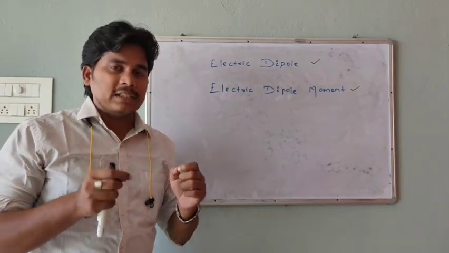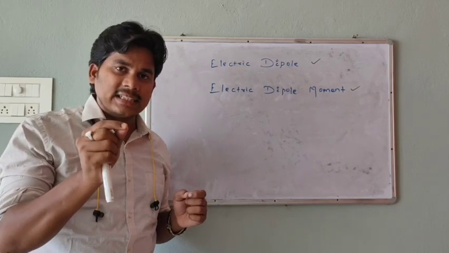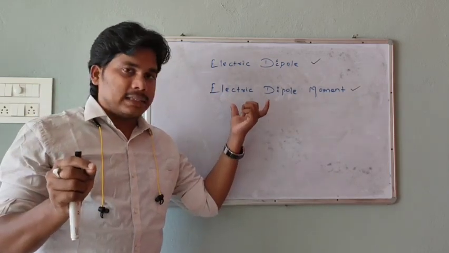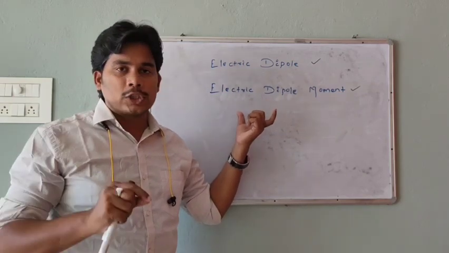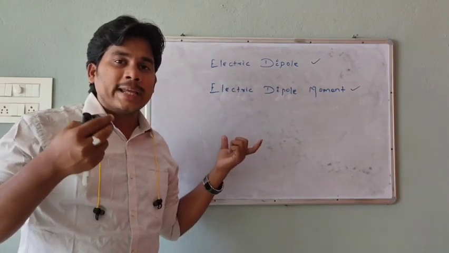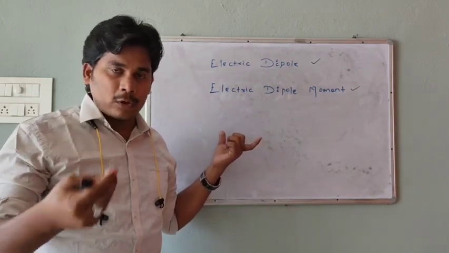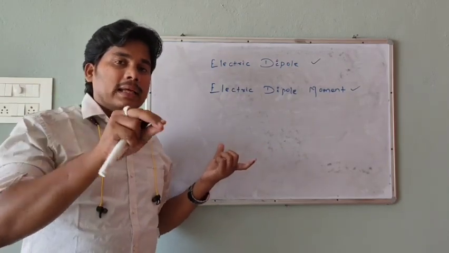One is on the axial line of the electric dipole, or end-on position. The second is the broad-on position, or equatorial line, or on the perpendicular bisector. And third is at any point on the electric dipole.